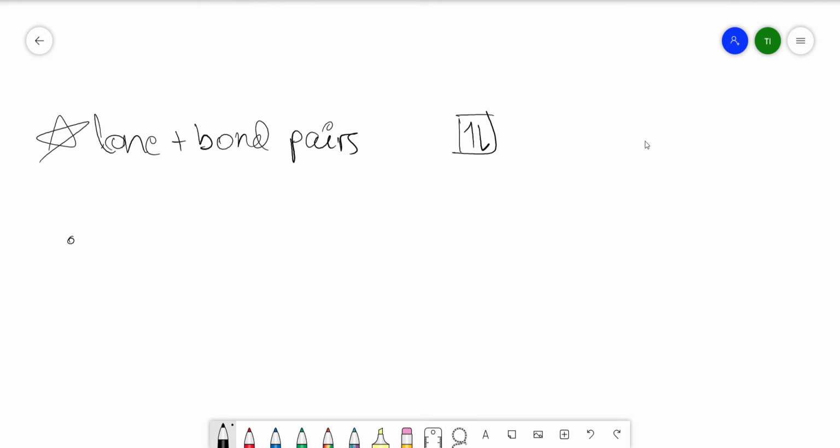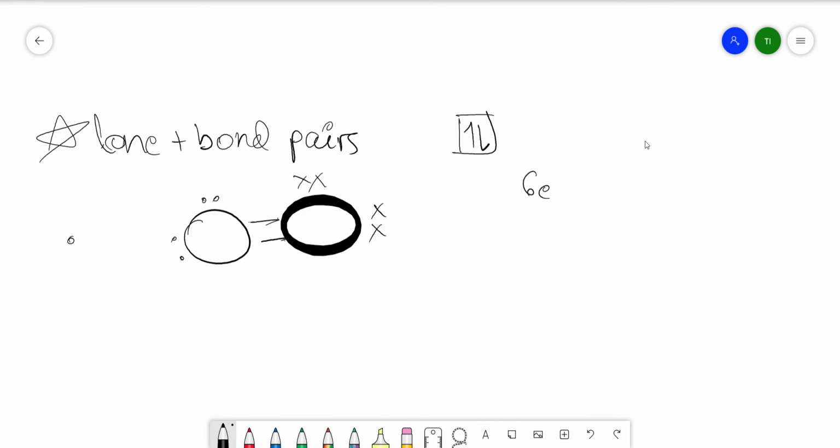So let's say there's an oxygen double bond, a double bond between two oxygen atoms, and each oxygen atom has how many valence electrons? 6, right? So it shares 1, 2, 1, 2. Each of them shares 2 here, and they have 4 to themselves, so this has 2 here, and this has 2 here. Another way to represent this would be like this.